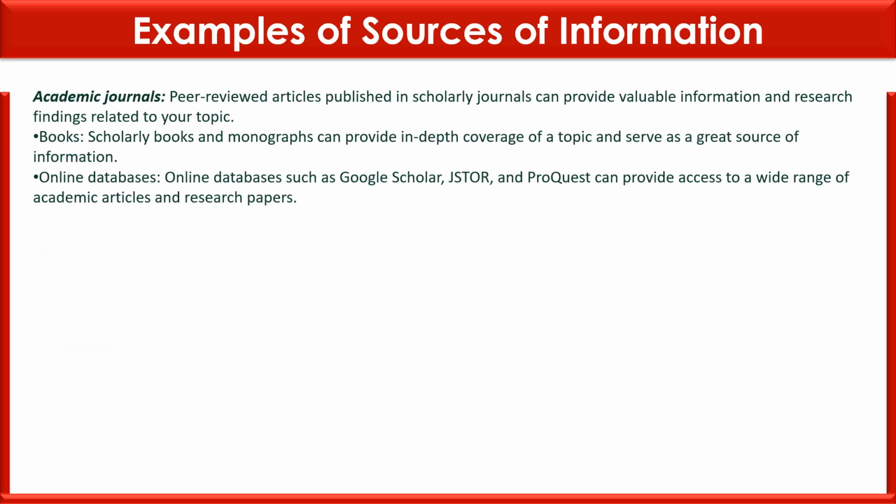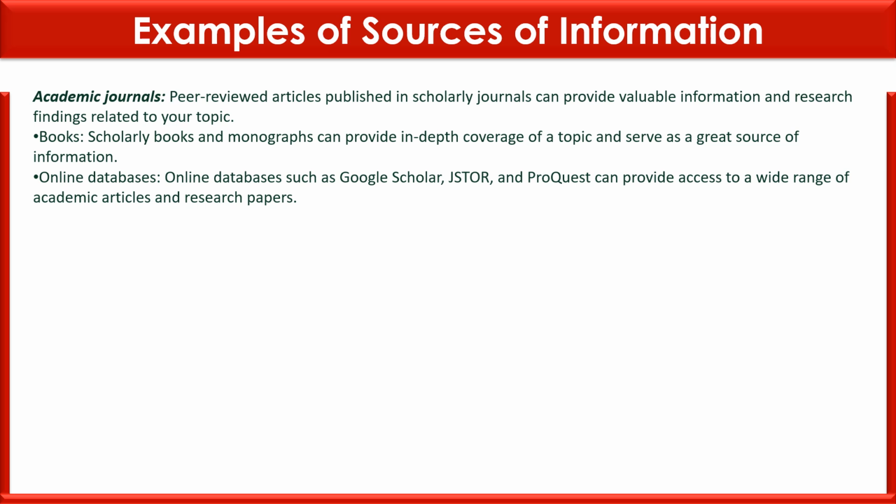Let us look at these examples as we have already highlighted in the previous slide. Academic journals, which are categorized under the secondary source. We have already talked about what journals are and what books are.